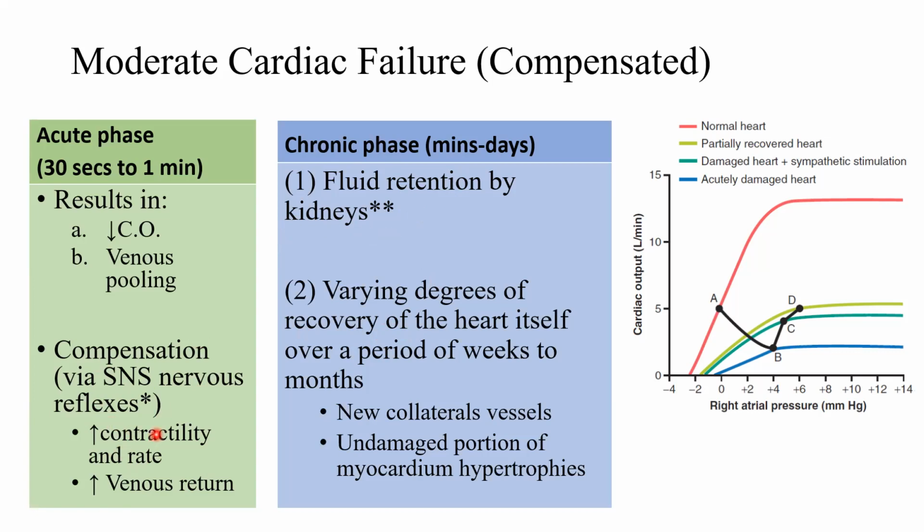These points save lives. The sympathetic nervous system kicks in and saves life by temporarily increasing contractility and improving venous return, but it doesn't address the issue, does it? It's synthetic. It's basically manipulating the caliber, the diameter of the vessels. It's not addressing the main thing.